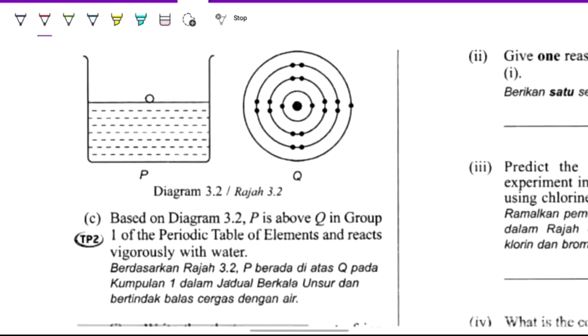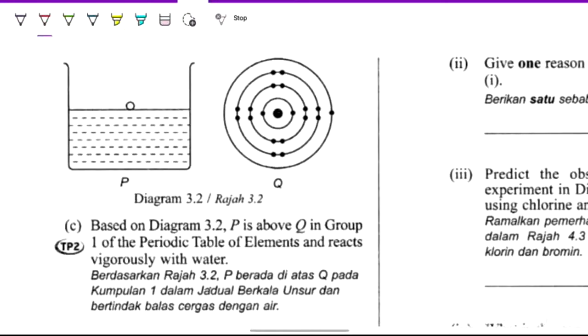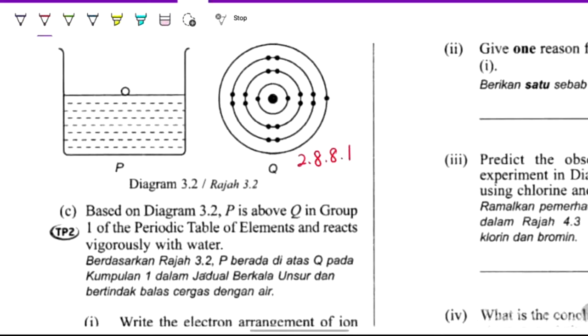Okay, next question. You are given diagrams P and Q. P will be metal put into water. Then Q will be electron arrangement 2.8.1. Based on the diagrams, P is above Q in group 1 of the periodic table of elements and reacts vigorously with water, meaning this refers to the alkali metals.